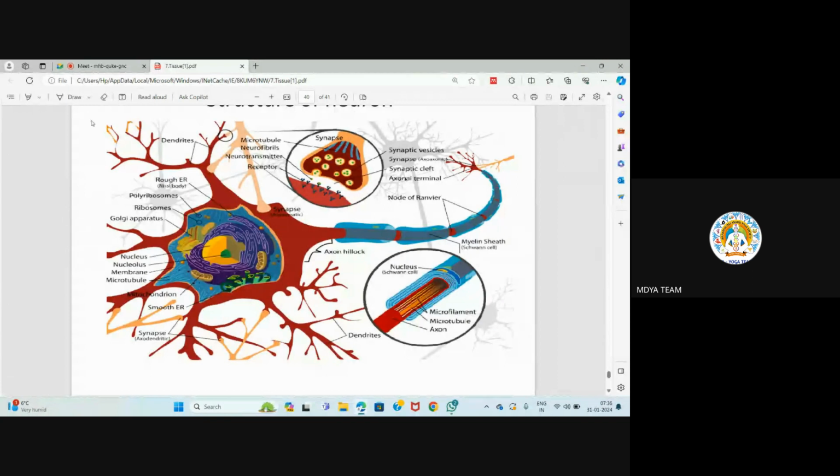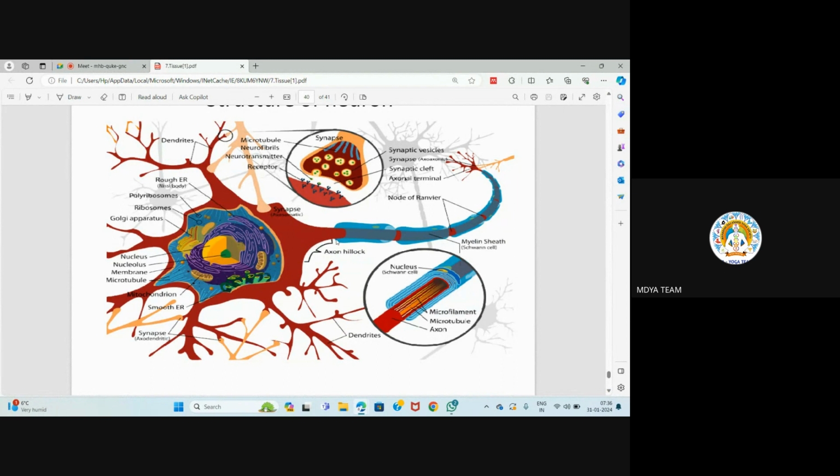In this picture, in detail, you can see what happens in neurons. Here you can see the cell body. It is just like other cells, having a nucleus, and inside that nucleus you can see the green colored nucleolus, and endoplasmic reticulum, mitochondria, Golgi bodies, lysosomes, all the things are present in the cell body.